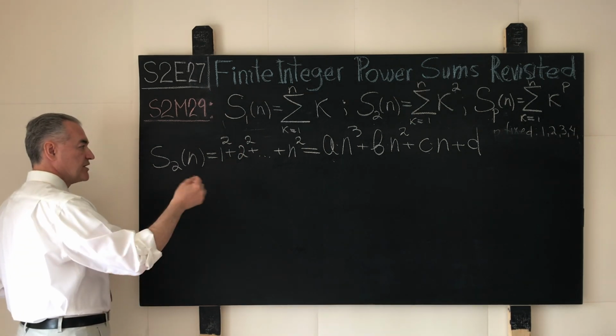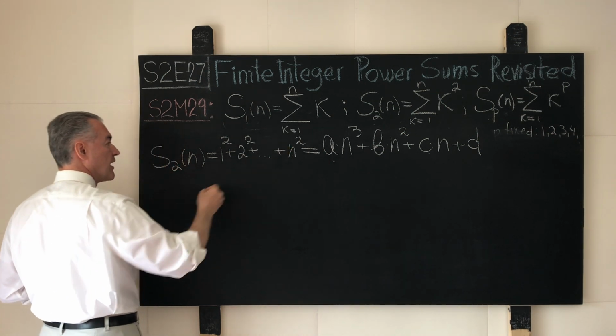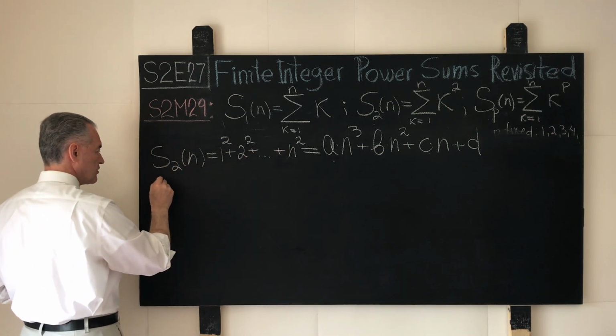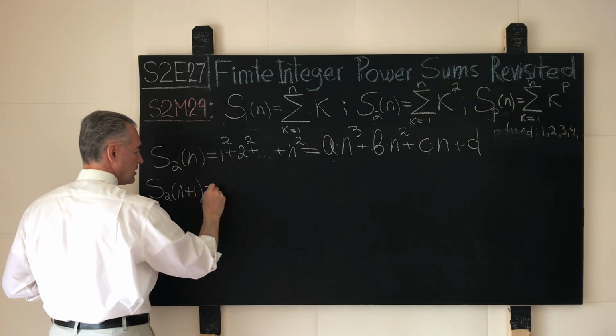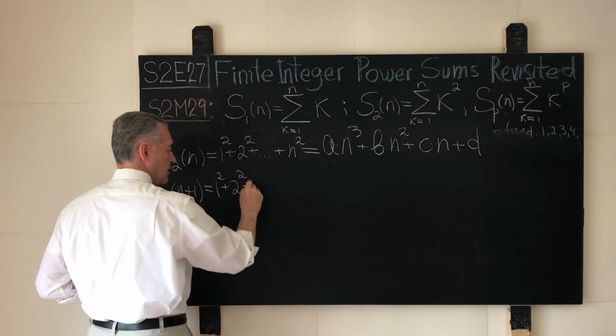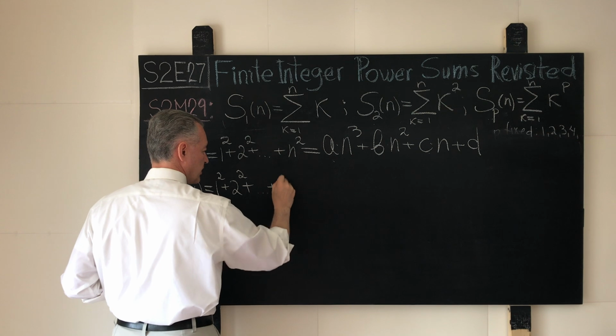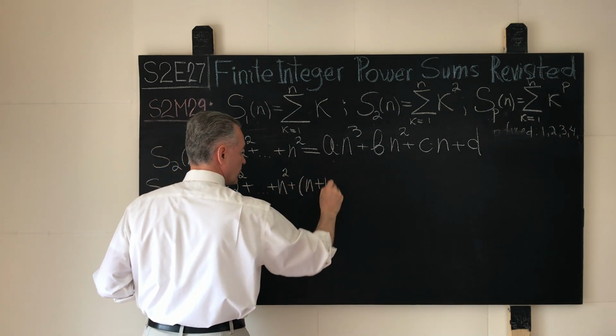Step 2. Iterate both expressions obtained in step 1 by replacing n with n plus 1. So effectively, S2 of n plus 1 is 1 squared plus 2 squared plus so on plus n squared plus what? n plus 1 squared.